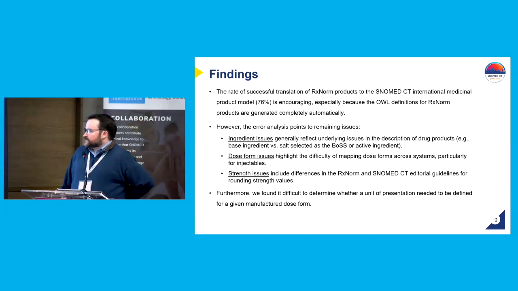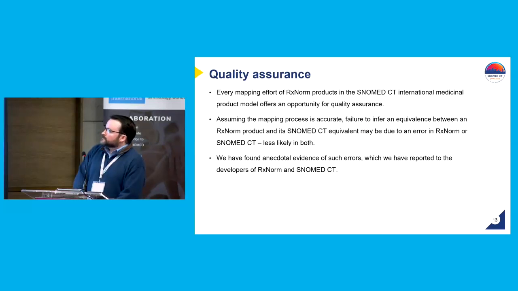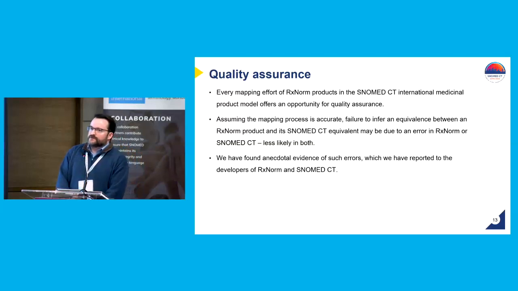Finally, we found it difficult to determine if a unit of presentation needed to be defined for a given manufactured dose form. Units of presentation are not in RxNorm. And when I say they're not in RxNorm, I mean they're not denominator units.